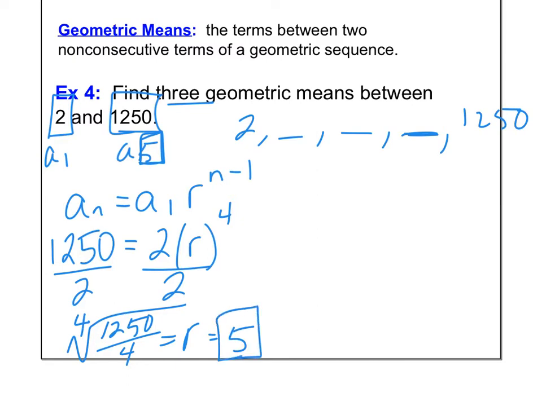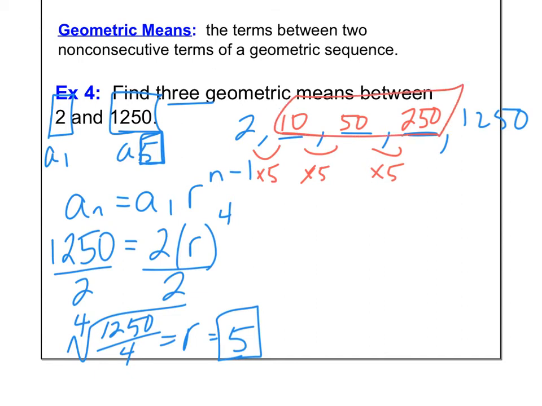Which means 2 to the next term times 5 would be 10, times 5 more, times another 5, would be 250.